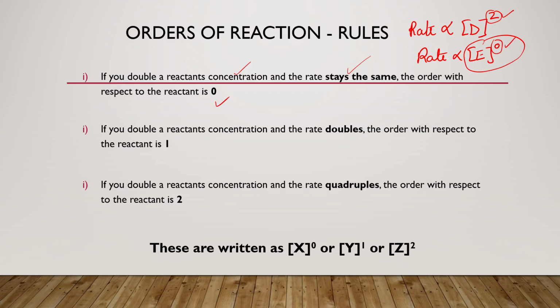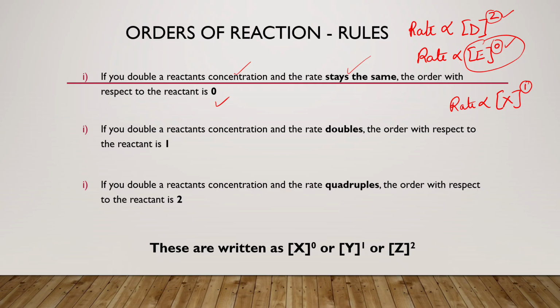Now, if we double the concentration of one of the reactants and the rate also doubles, that means, hypothetically speaking, rate is proportional to the molar concentration of X raised to the power 1, where let's say X is a reactant. Then this 1 becomes the order with respect to X.